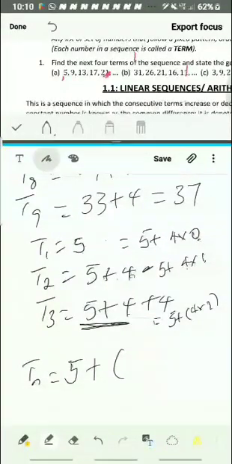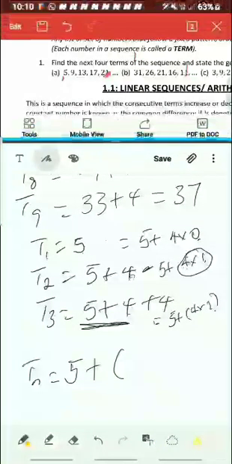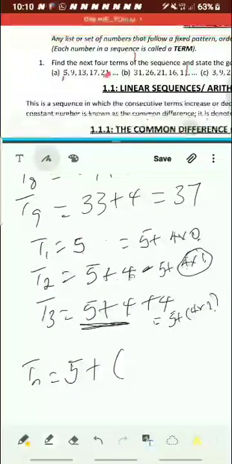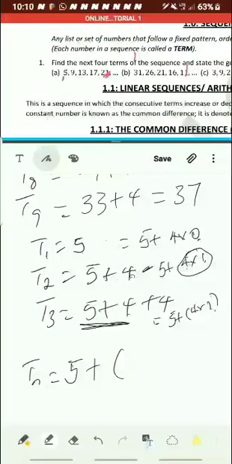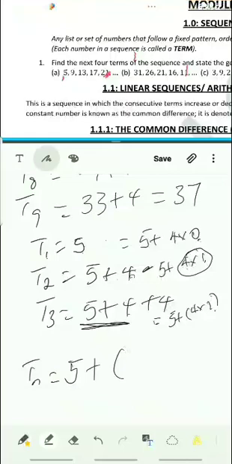Look at here, we have just one multiple of 4. 1 is 1 less than 2. Here where we have 2 multiples of 4, 2 is 1 less than 3. So generally, each multiple of 4 that we are going to be multiplying is going to be 1 less than the given term.